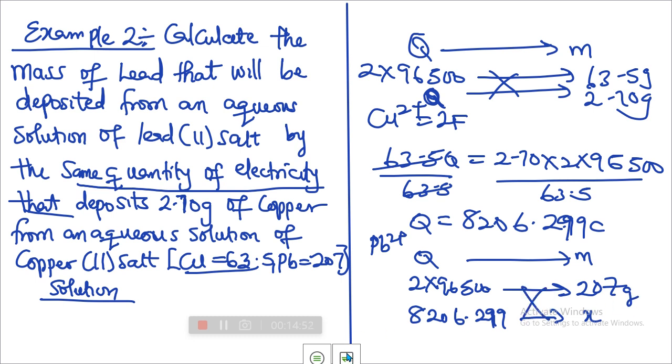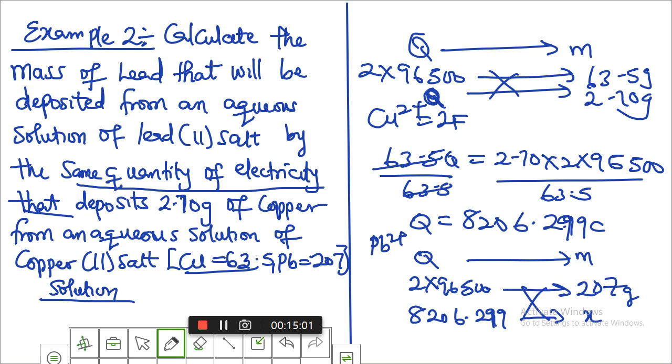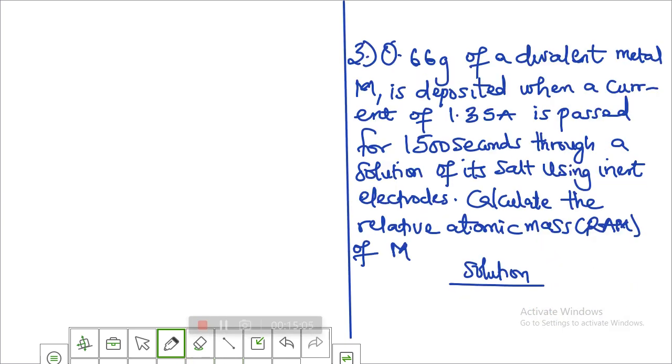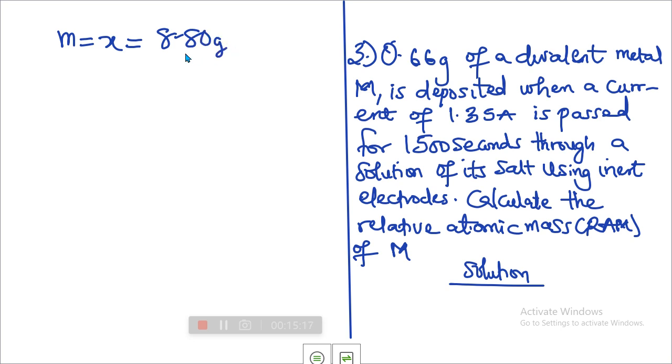Let's cross multiply. So our x, which is the mass, is equal to 8.80 gram.